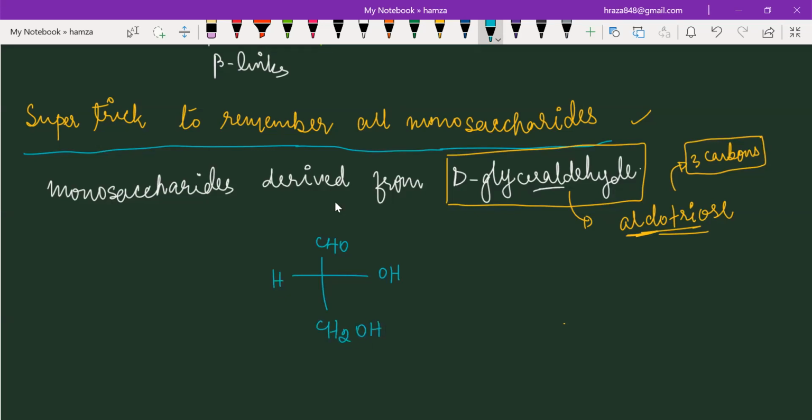This is basically our aldotriose, and it is basically D-glyceraldehyde. So what happens? I'm going to write all the structures. So write this, then the trick will start.